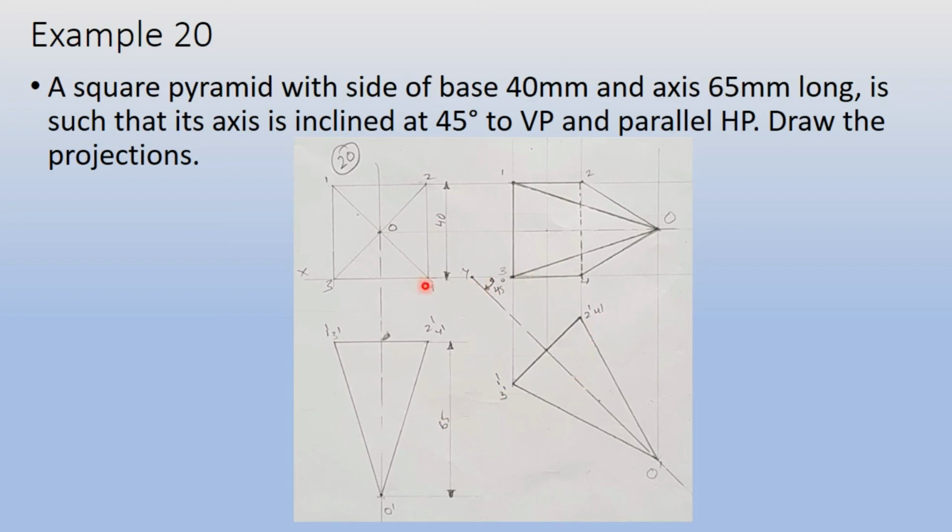So this is the final solution, and I will tell you one more time that these hidden lines are due to the fact that this edge will not be visible from the front view. So this is the front view, and the square base will have four edges. These three edges are visible from the front, but this edge will not be visible. That is why this is in hidden lines, as we have discussed also. So this is the solution of your question number 20.